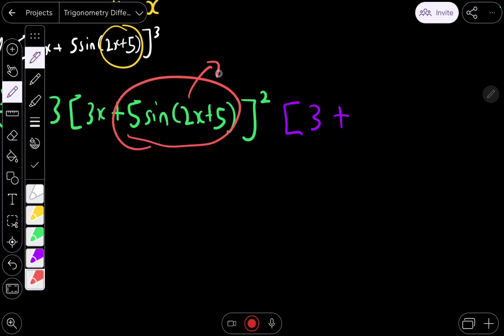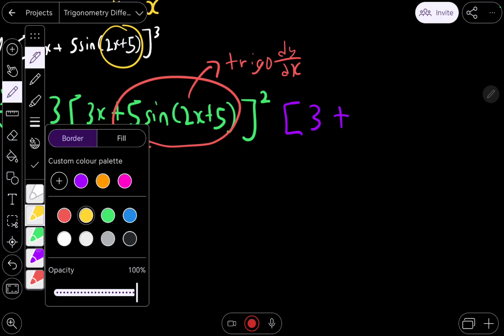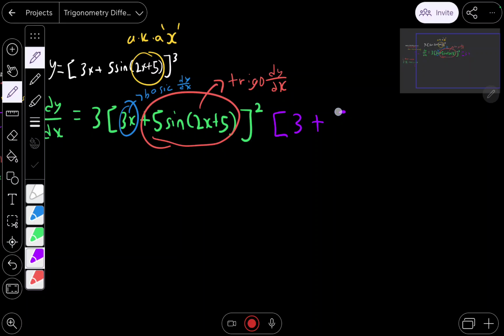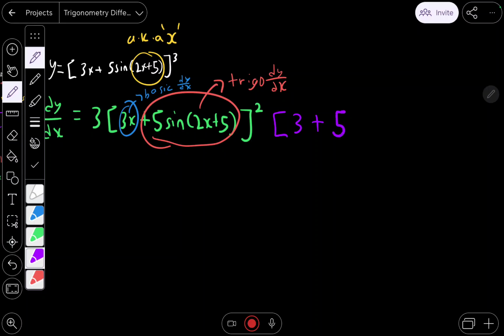Alright, so it'll be 3 plus, this one. This one is trigo differentiation where you will apply your 4 steps. And I forgot to mention that this is just a basic differentiation. Actually, I'm going to write it at the top. So what we're going to do is, do we have our power at the sine? We don't, right? So just leave it. So copy down your constant at the front, and when you differentiate sine, what do you get?